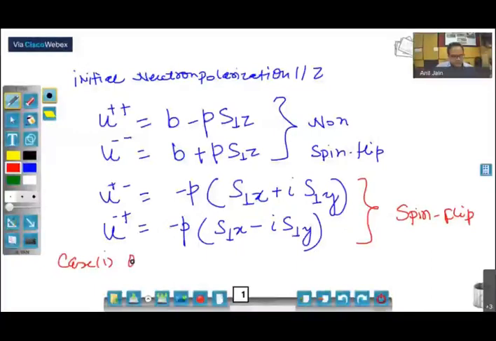Suppose Q, your scattering vector, is parallel to the neutron polarization, and suppose this is parallel to the z-axis.